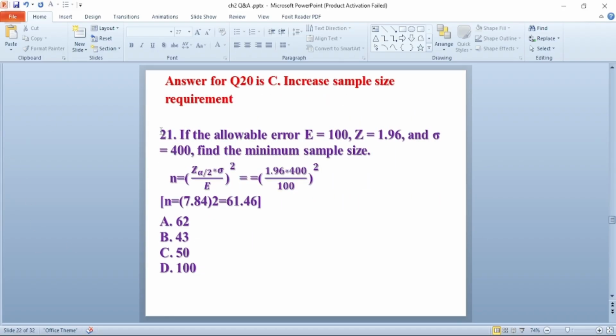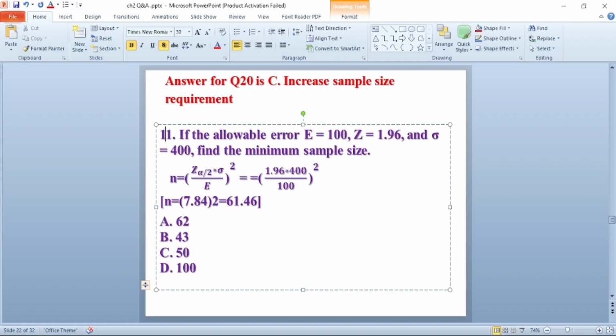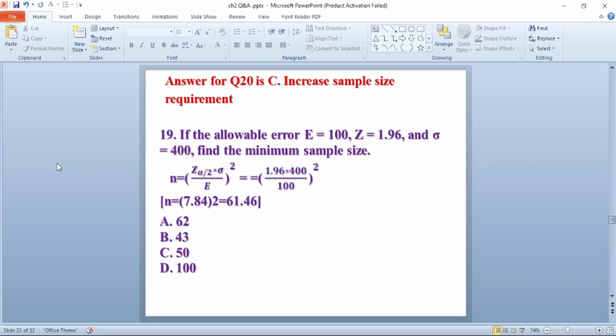Question number 19. If the allowable error is 100 and the z value is 1.96 and the standard deviation is 400, find the minimum sample size. So the sample size is equal to the z value times standard deviation divided by the allowable error, and square the whole result.